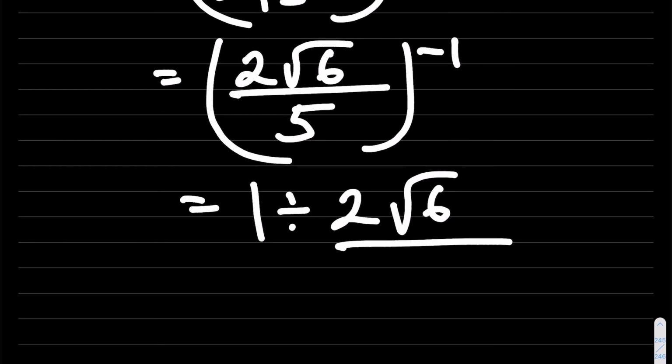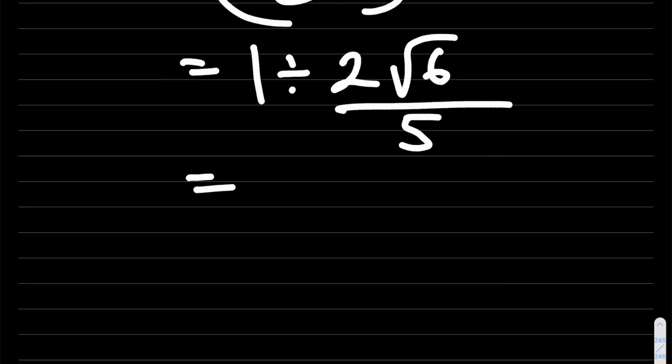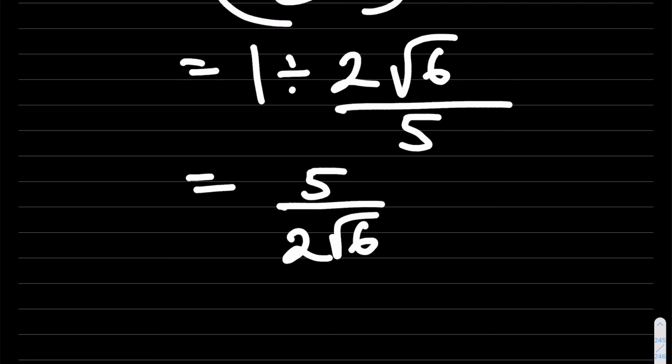And that simply means 1 divided by 2 root 6 all over 5, which is the same as 1 times 5 over 2 root 6, and that's 5 all over 2 root 6.